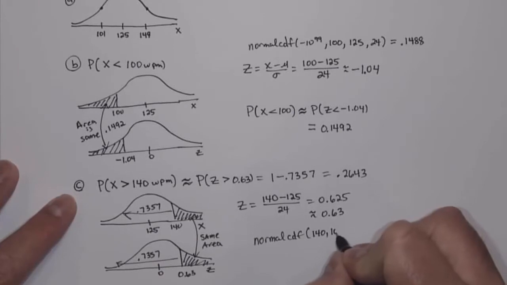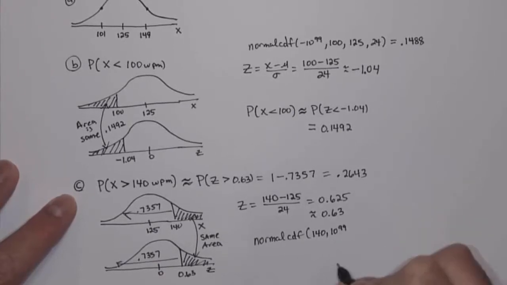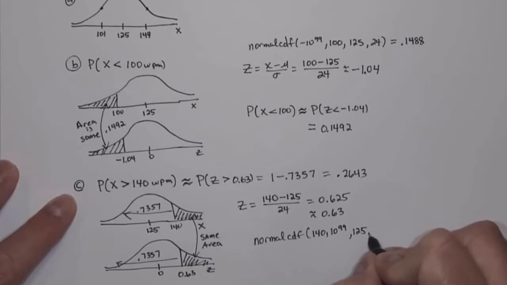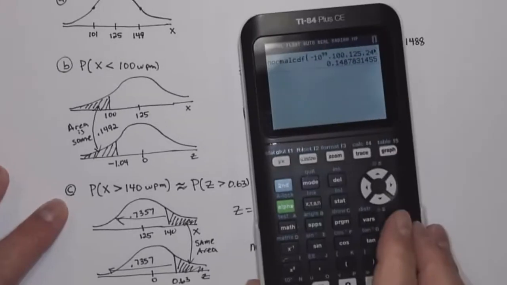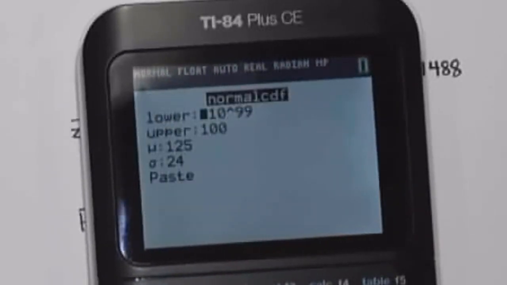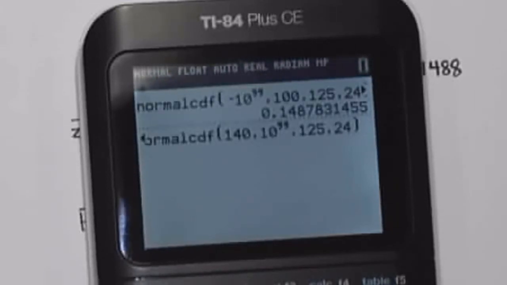Right bound, we don't really have one, so we use a big positive number, 10 to the 99th. The mean is 125, and the standard deviation is 24. So again, if I bring in my calculator, I can go to normal CDF. This time I have a left bound of 140. The right bound is my big positive number. My mean's 125. My standard deviation is 24.